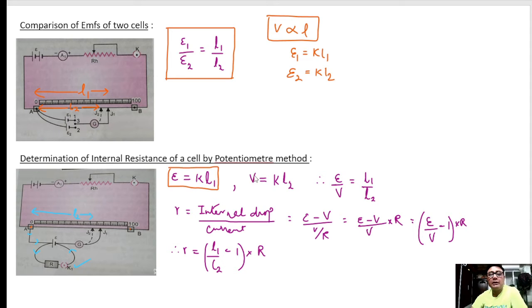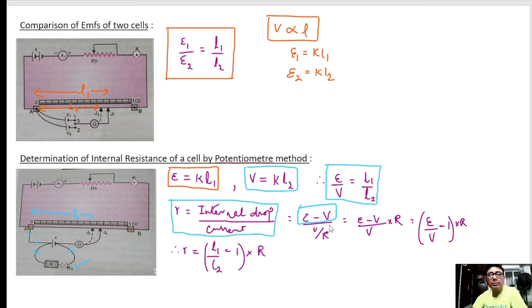So I will write V equal to KL2. Now dividing we get this relation. So the EMF of the cell is balanced on a length L1, and the terminal voltage is balanced at a length L2. So now what is the internal resistance? It will be the internal drop by the current. So this is the internal drop.